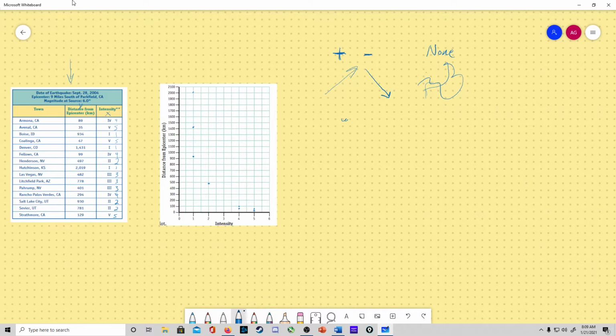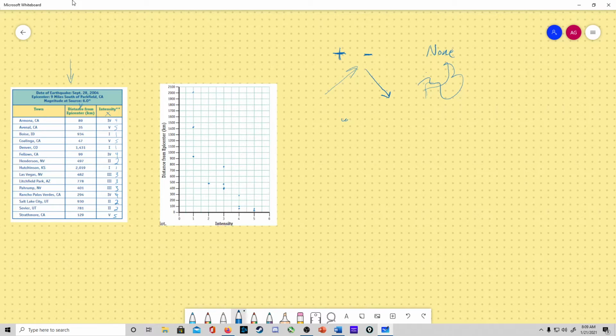Then we have Las Vegas, 482, with an intensity of 3, so right at about 500 miles. Next, 778, and it was a 3, so that's up near 800. We got another Nevada one, level 3 at about 400, so that would be a point there. Rancho Palos Verdes was a 4, and it was 294, so right at about 300 miles.